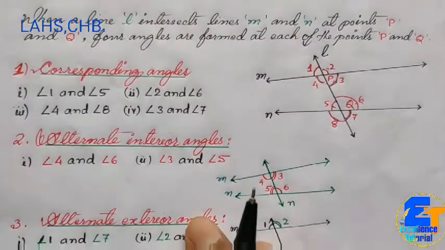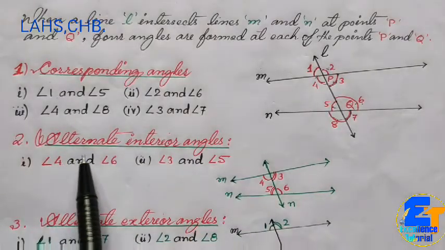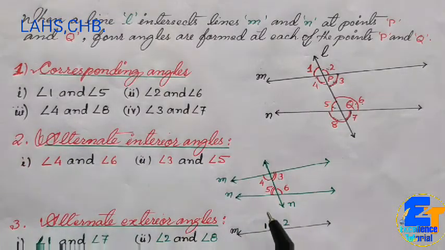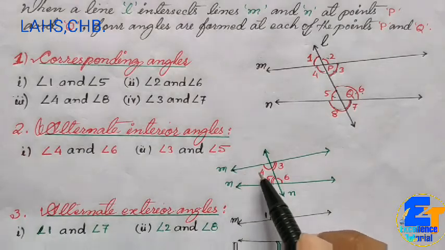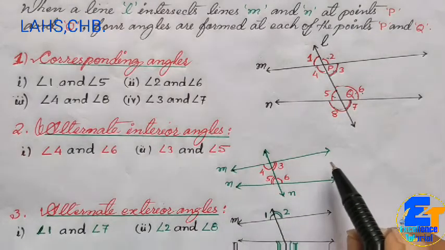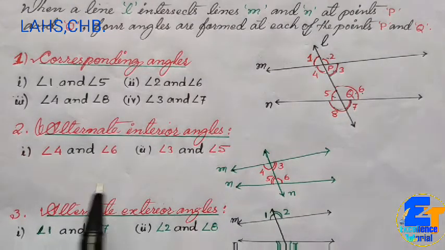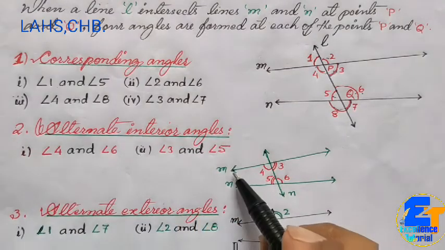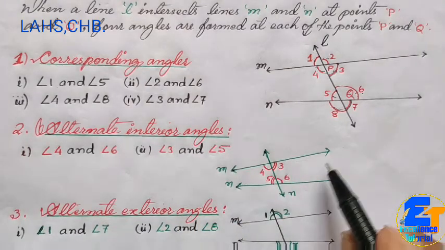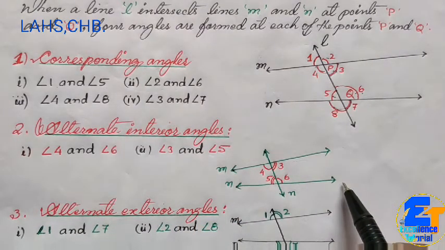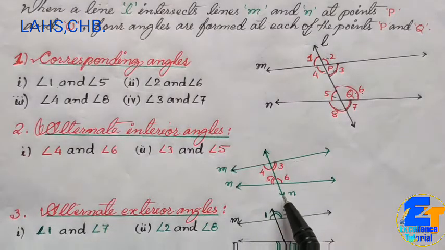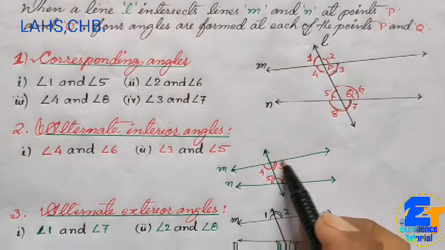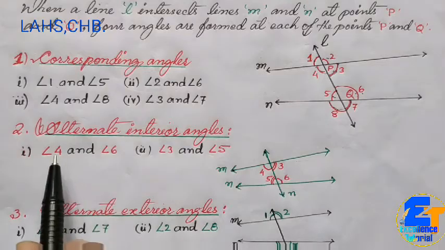Next, how can we identify alternate interior angles? I have drawn the figure separately so that you can understand it in an easy way. This is the first line M, and this is the second line N, and these two lines are intersected by a third line L. So we can say L is the transversal of these two lines.